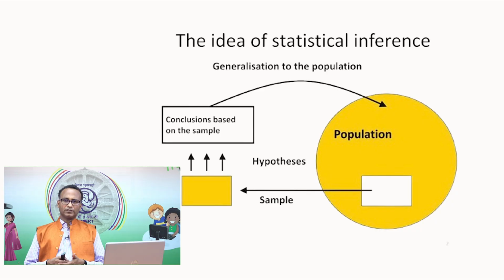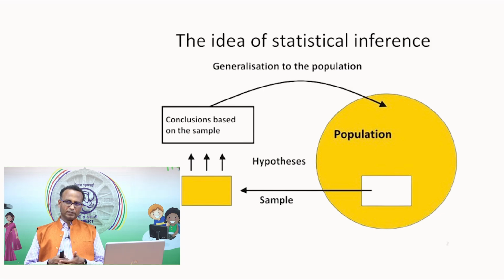You know that research is always conducted on a sample, and a sample is a small section of the population. A sample is a representative section of a population. We do research on a sample, but we need to draw conclusions about the population.